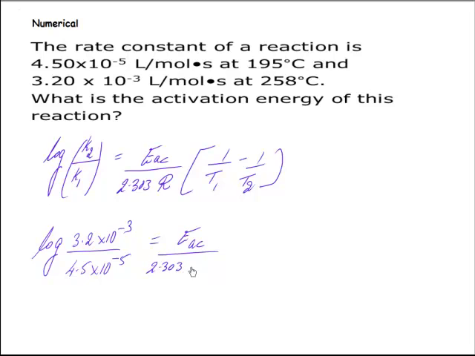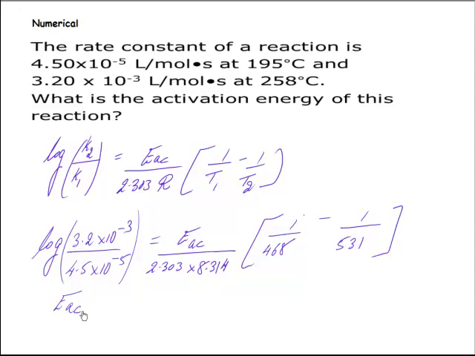The value of gas constant R is fixed at 8.314 joules per mole Kelvin, and temperatures have to be converted from degrees Celsius to Kelvin. The temperatures in Kelvin are 468 and 1 upon T2 is 1 upon 531.